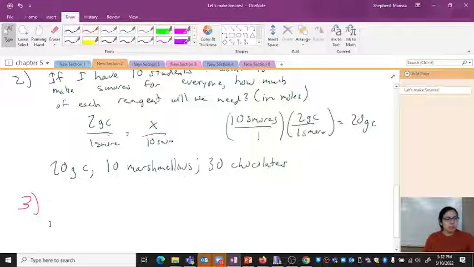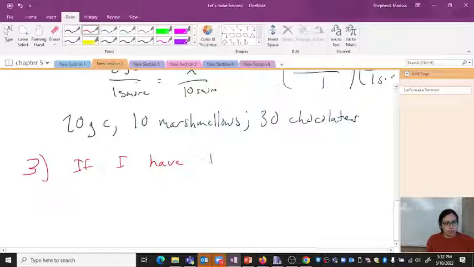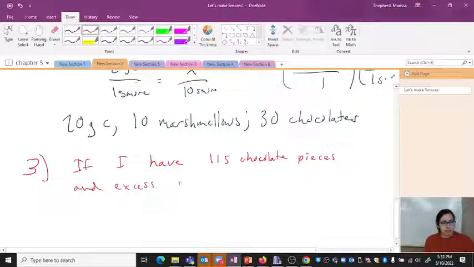All right, so let's look at the next type of problem. And so now we can, again, compare things with mole-mole ratios. So if I have 115 chocolate pieces, and excess marshmallows, how many graham crackers do I need?